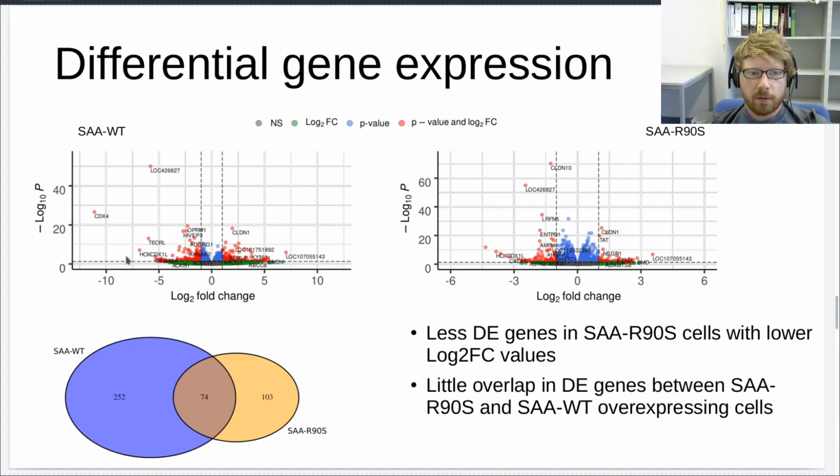So as you can see here, the log-fold changes in the wild-type protein of affected genes is higher compared to the mutant form. We have less differentially expressed genes in cells that overexpress the mutant form, and we have only a little overlap between the two cell lines, which was very surprising to us.